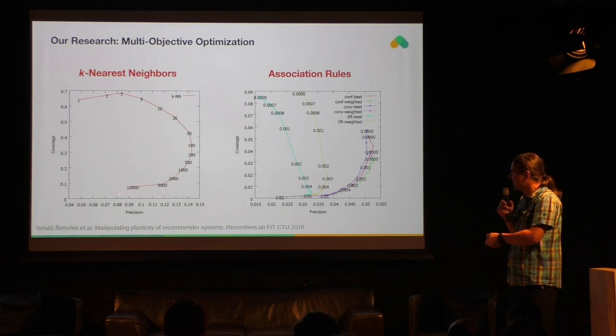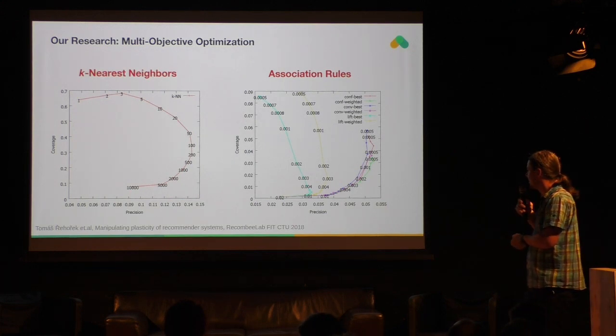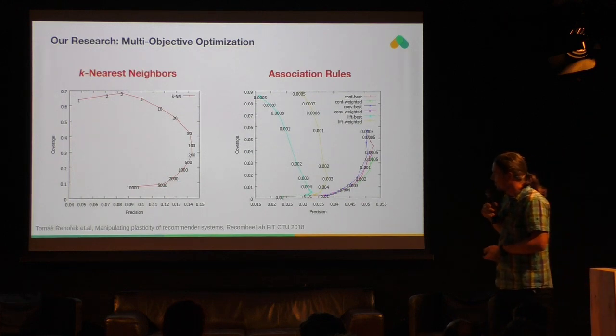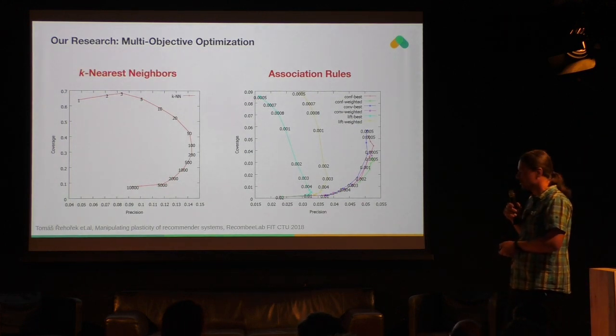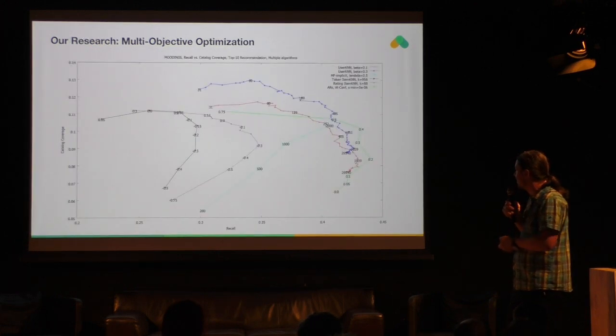When you penalize bestsellers, you can increase the diversity of recommendations and get more diverse recommendations, and at the same time, the precision is increased. This can work similarly to other algorithms like association rules and so on. This is what Tomáš, who is not here today, is doing in his dissertation thesis.